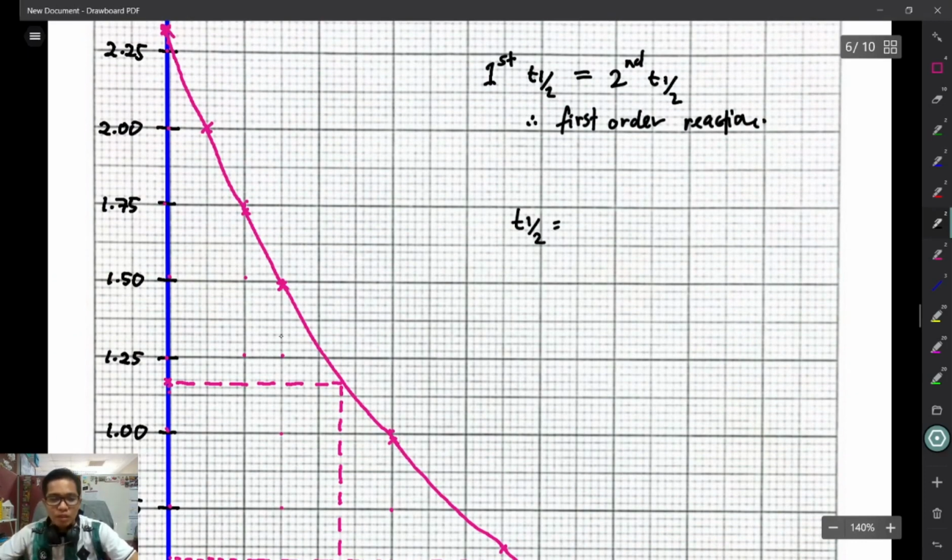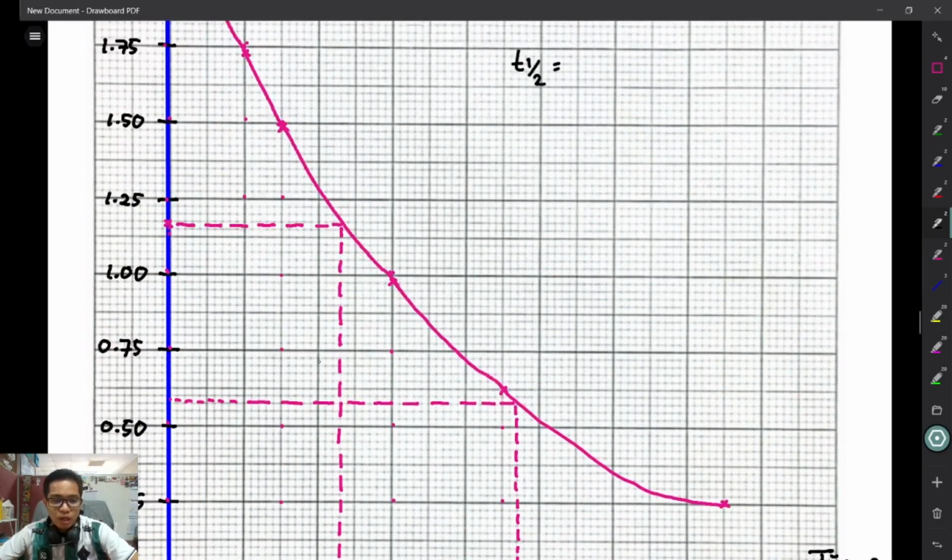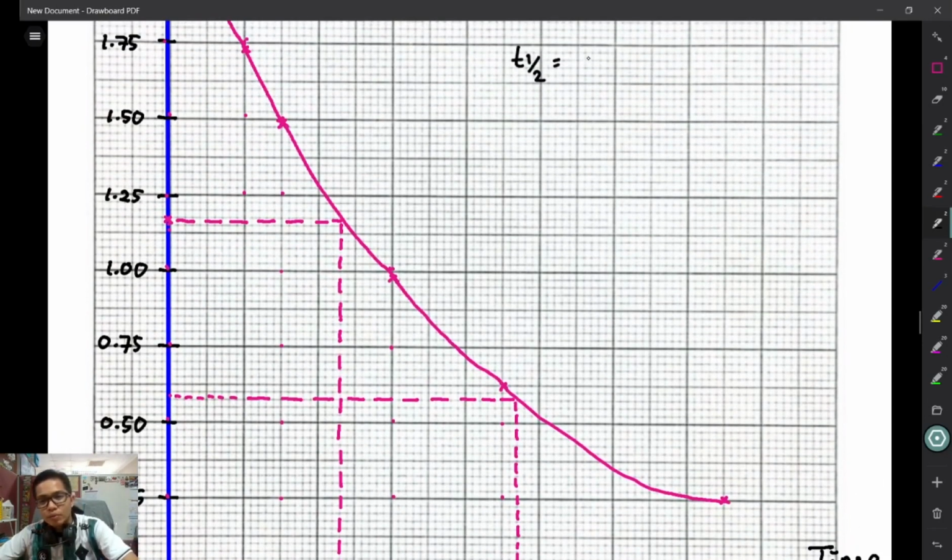Kalau daripada graph kita tengok yang first half-life is 920. Ambillah 920 second sebab first. So 920 tambah 960 divide by 2, 940. Lebih kurang lah.